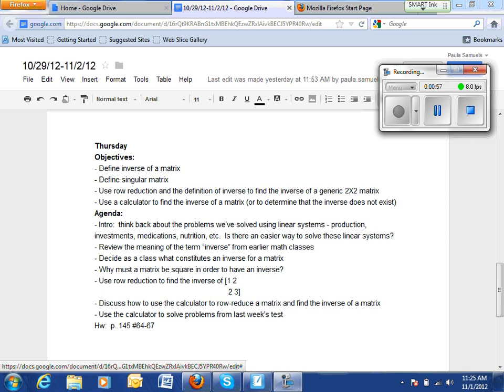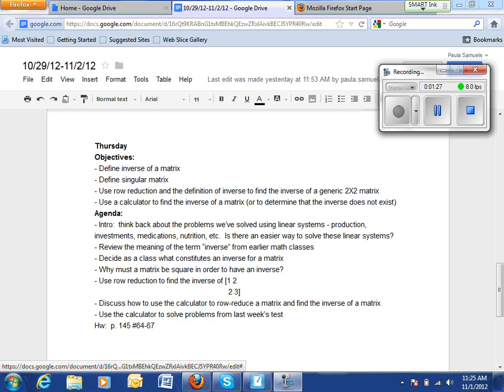All right. Well, today our focus is on inverses, specifically inverses of matrices, and so I thought we would start out by talking a little bit about inverses in general. So, Meredith, since you are my class today, if I said to you, what is the additive inverse of the number 3?